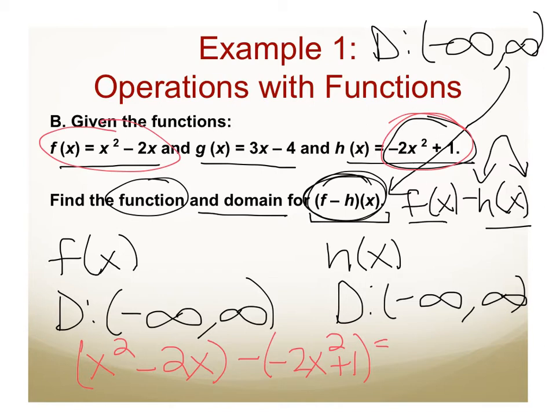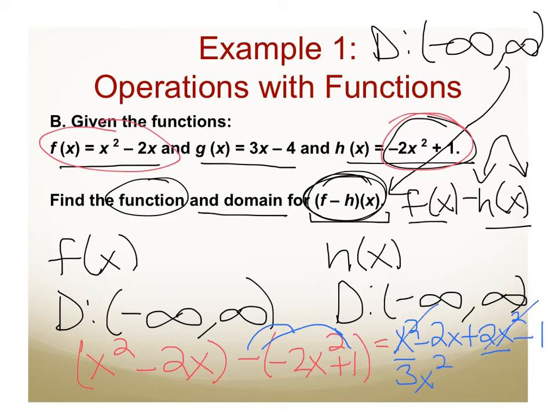And what I need to do in this example is start by distributing this subtraction sign through the parentheses. So I end up with x squared minus 2x plus 2x squared minus 1. And x squared plus 2x squared equals 3x squared.